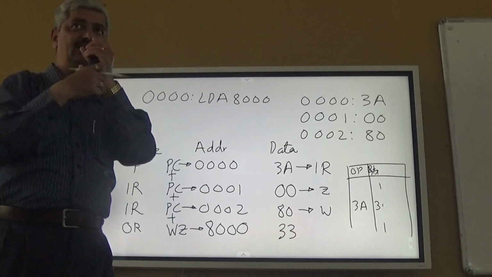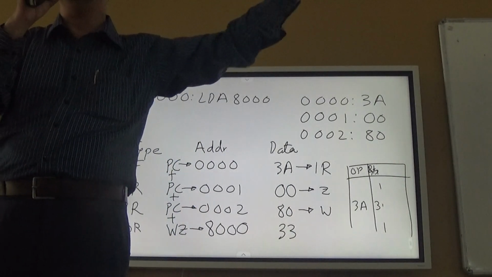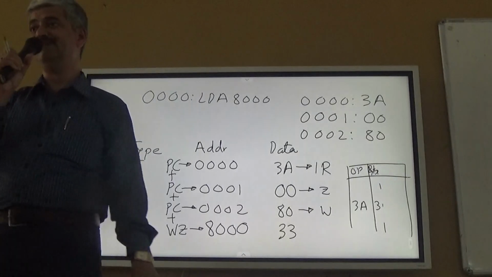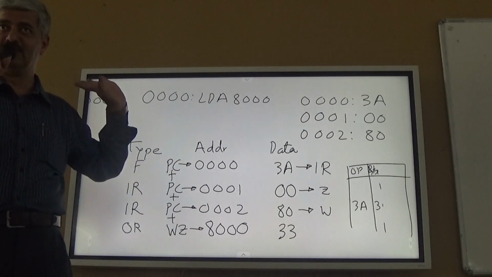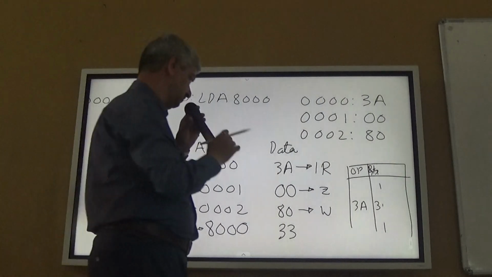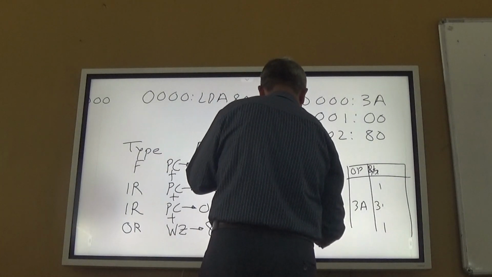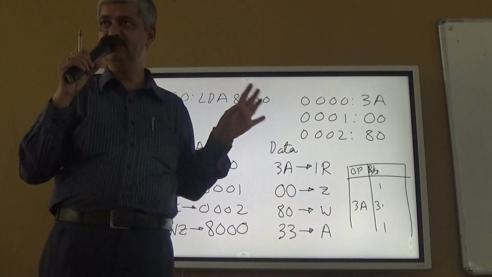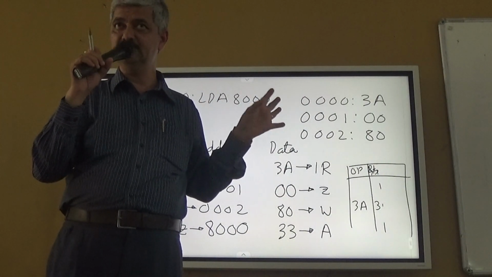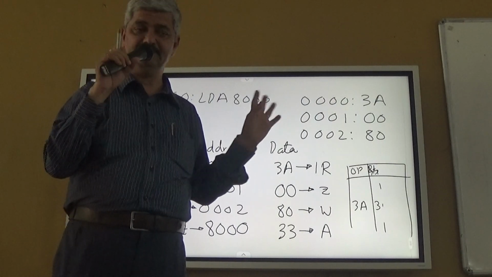Let the memory location 8000 contain 33. So what should happen with this 33? It should go to accumulator. Is it right? Is it clear? Any ambiguity? Is it okay? Right.